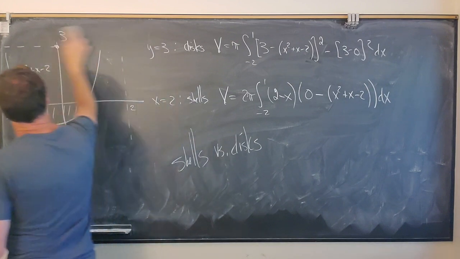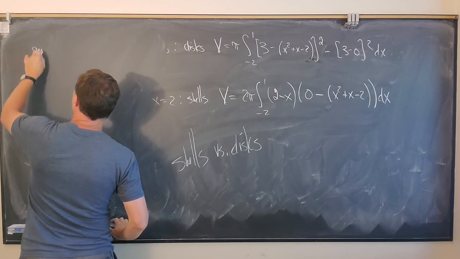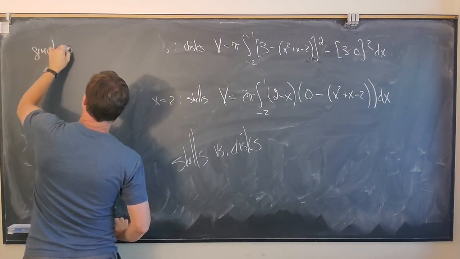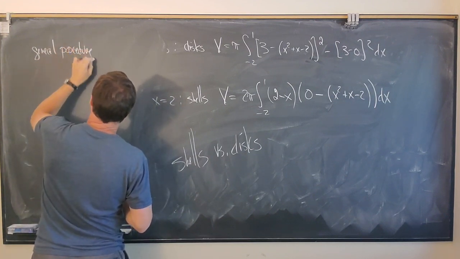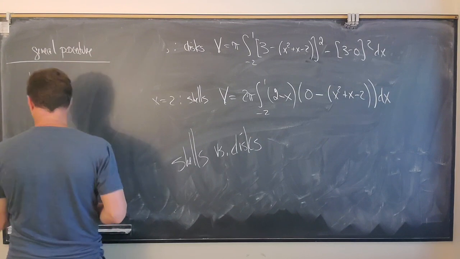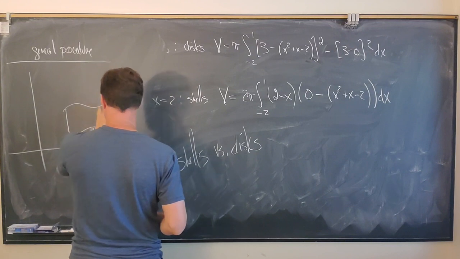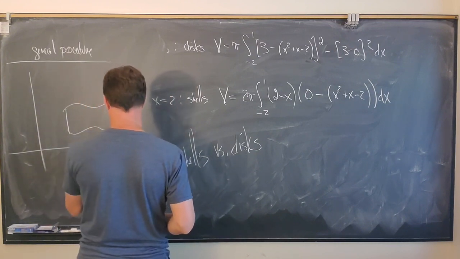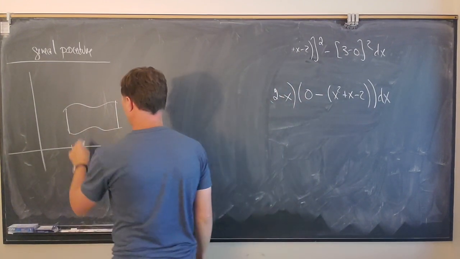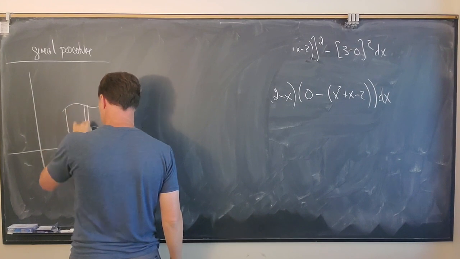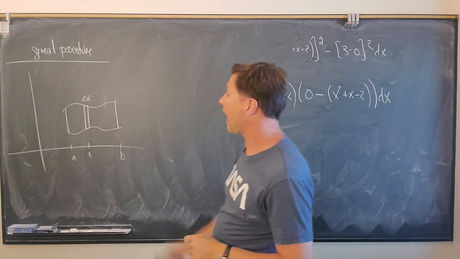Let's end with just the general procedure for the shell method. So if I take a region that looks like this, and we take a rectangle of thickness delta x at position x.